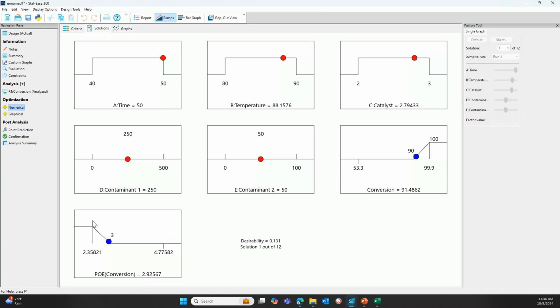And really, I can just barely attain that 3%. So I can't get to the 2, but now I have to go talk to the distillation column folks and say, can we live with a variation of 3? How can you tune your distillation column now to accommodate a little bit more fluctuation than we want? But at least we found the most robust, the most stable set of conditions given the variation that we expect in both the process factors and these contaminant noise factors.